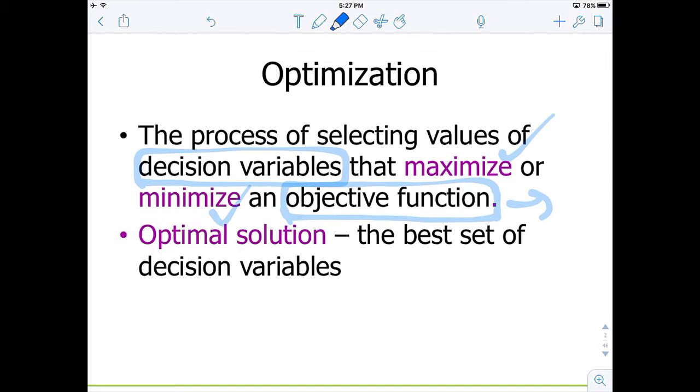Decision variables are the variables that we can control to make a system a lot more efficient or better. If you go back to this definition, it says the process of selecting values of decision variables. What are the best decisions we can make in order to maximize or minimize our objective function?